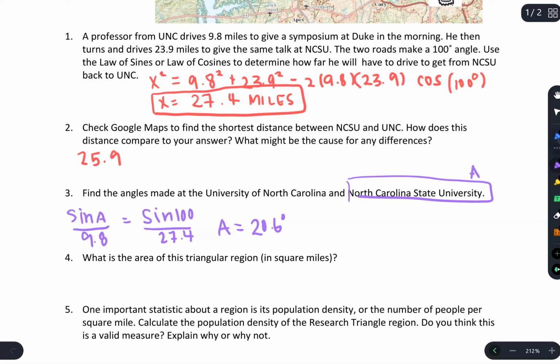Measure of angle B, I'm going to change colors here. B is the University of North Carolina.